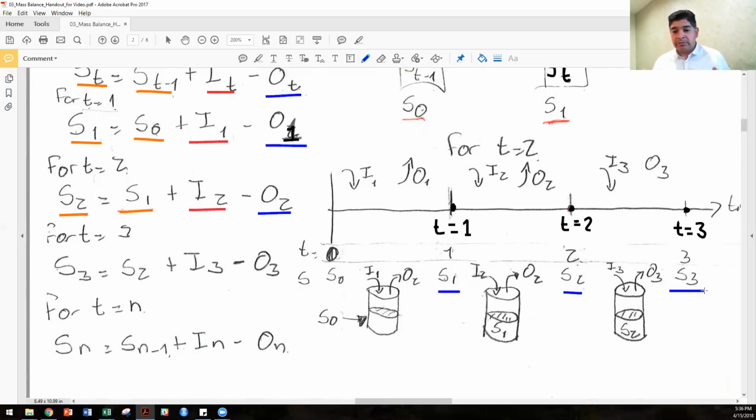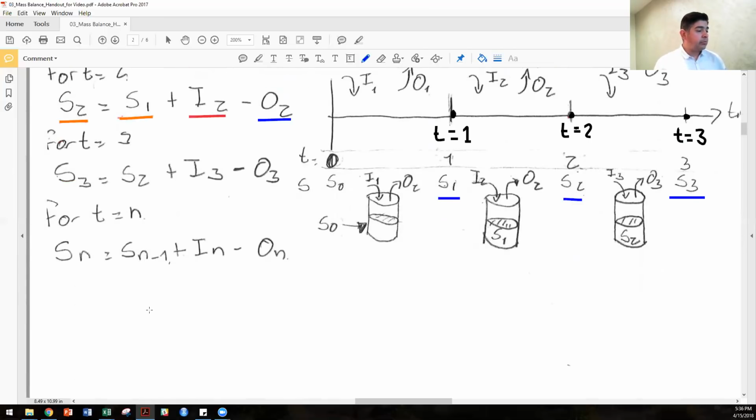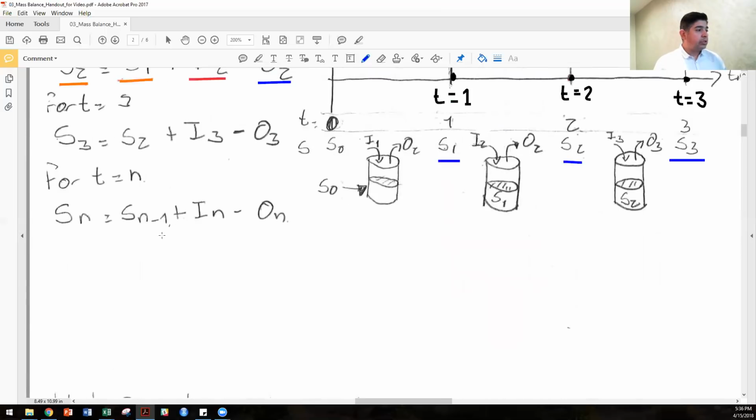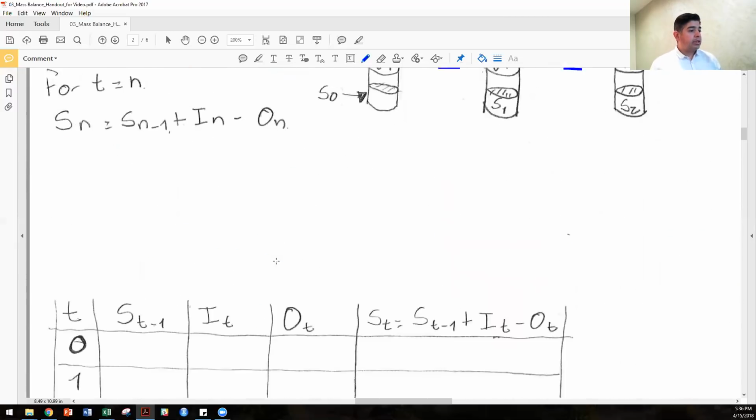So using a mass balance equation, we can have all the terms already calculated but one, an unknown variable. And then we use the mass balance to estimate that one. So that's what is going on here. So if time is equal to n, the storage at that time n will be S(n-1) plus the inflows at n minus the outflows at that time step n.